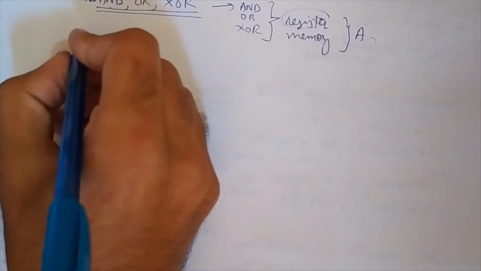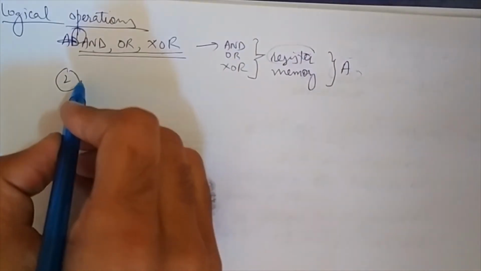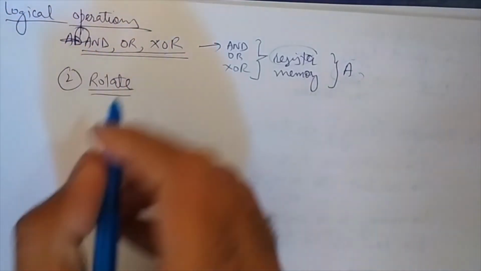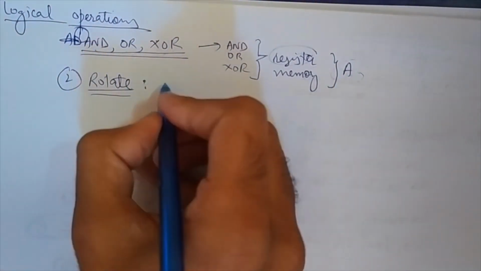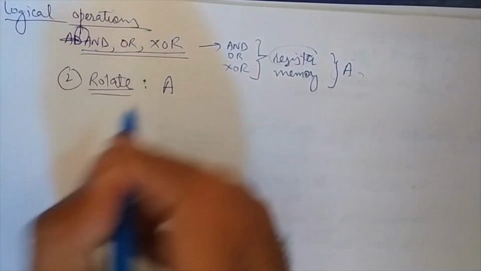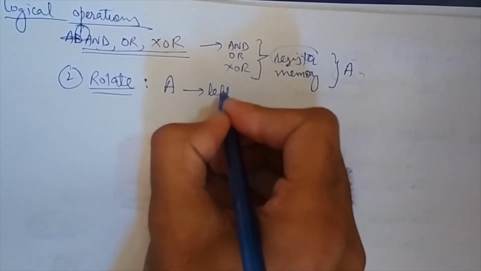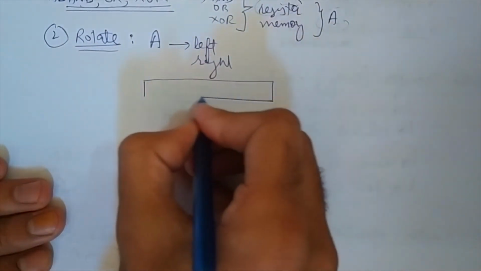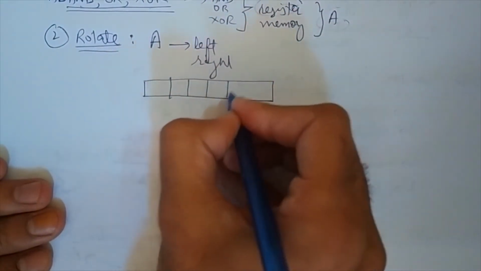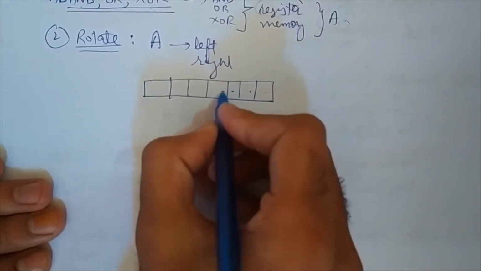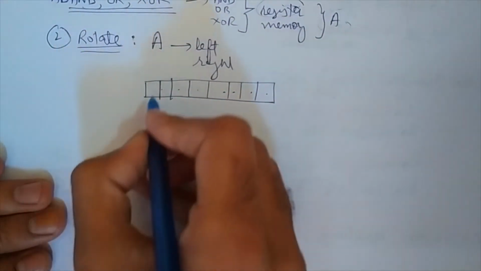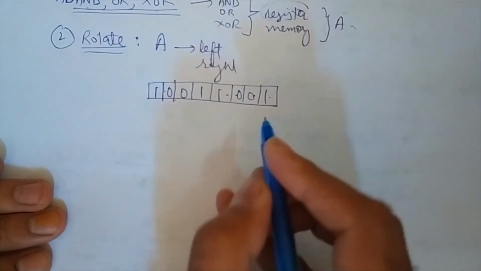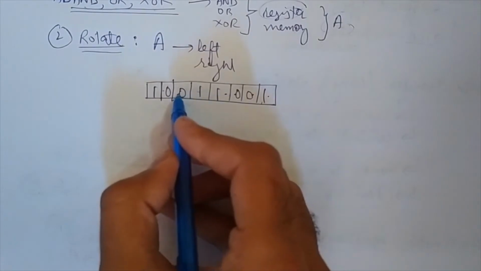Likewise, there is another type of logical instructions which we call the rotate instructions. The functionality of rotate instruction is to rotate the bits of an accumulator, either left or right. For example, if I have an accumulator, and we know accumulator is of how many bits? 8 bits. So let's say the 8 bits are like this: 1, 2, 3, 4, 5, 6, 7, 8.